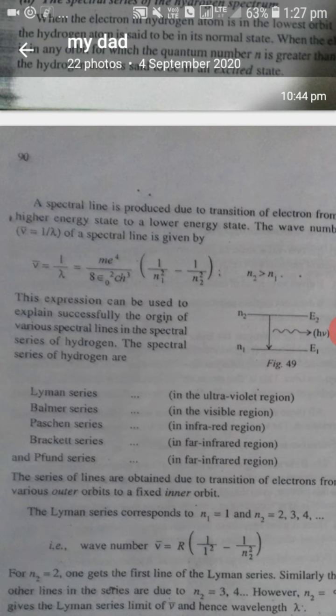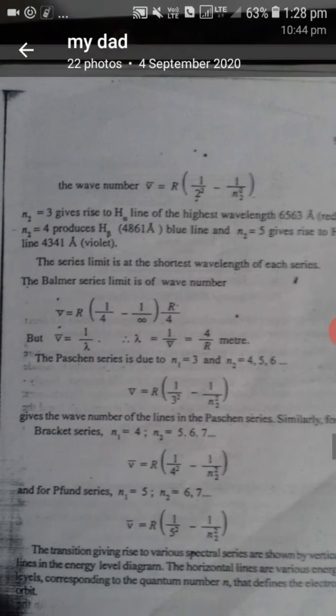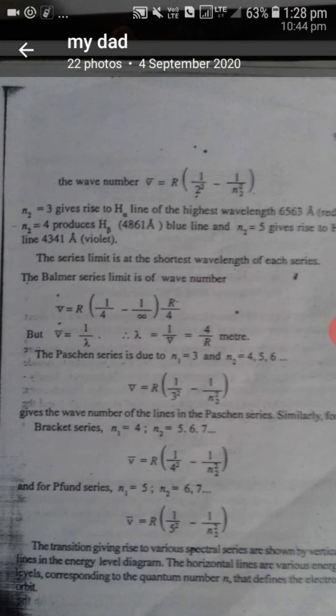Therefore here you put n1 is equal to 1, and then n2 is equal to 2, 3, 4, etc. Therefore wave number nu bar is equal to R into 1 by 1 square minus 1 by n2 square. This is for the Lyman series.